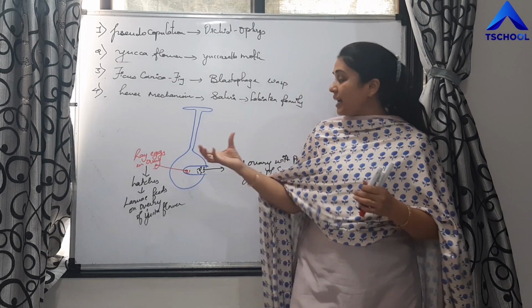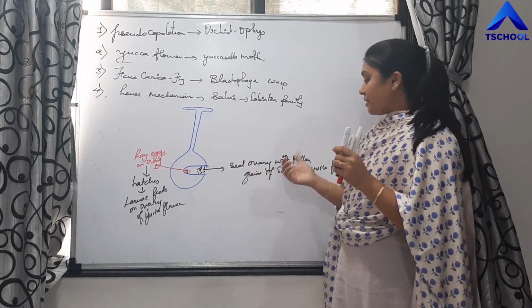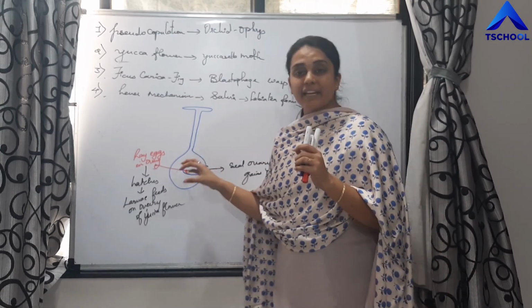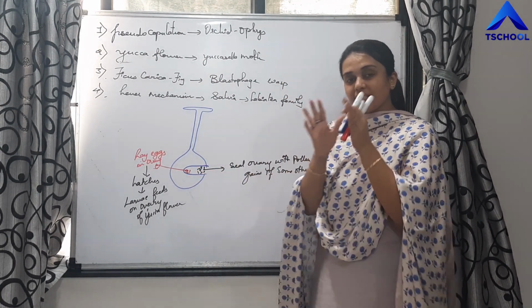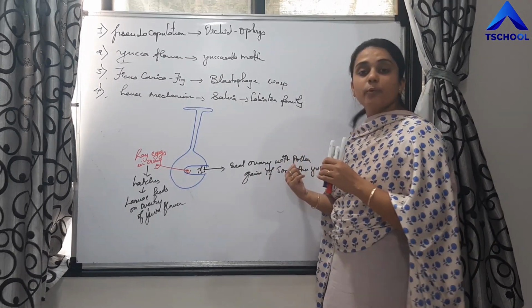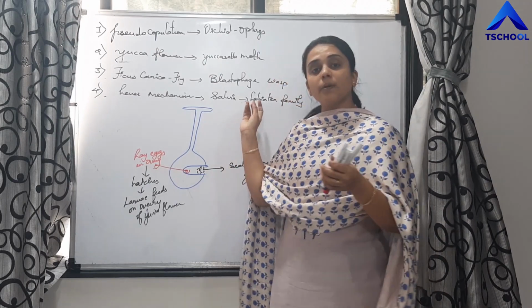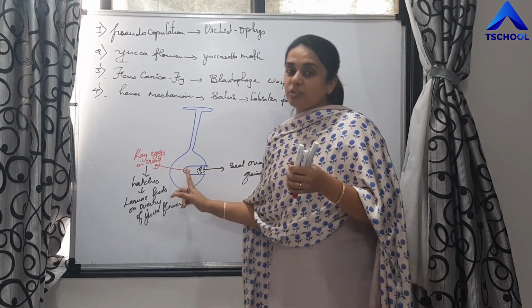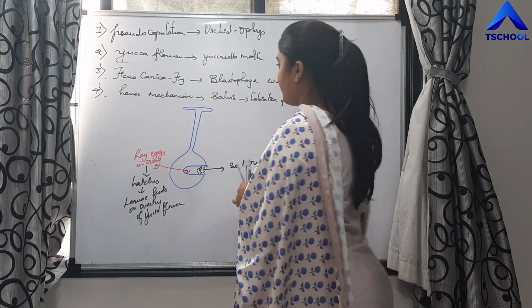And what is the yucca flower getting in return, right? Because the drilled portion is sealed with the pollen grains of some other yucca flower. Thereby the pollen grains from the other flower have reached this ovary. Thereby it is favoring cross pollination, right?